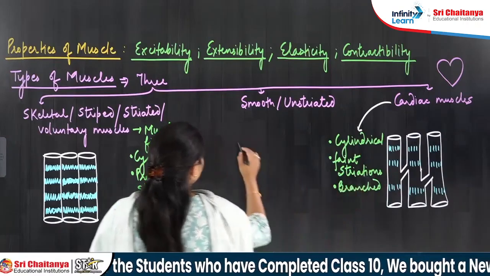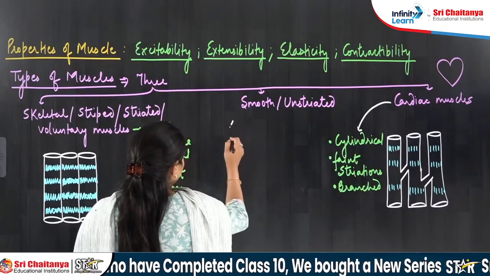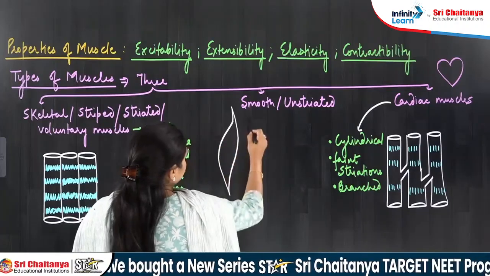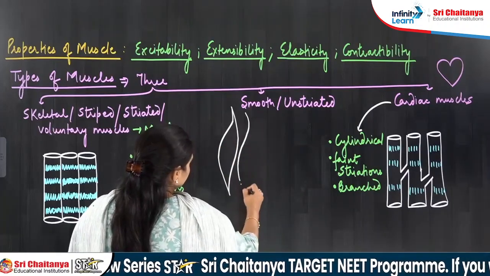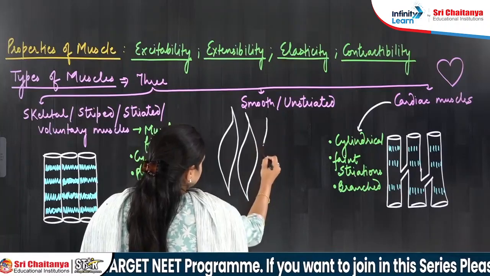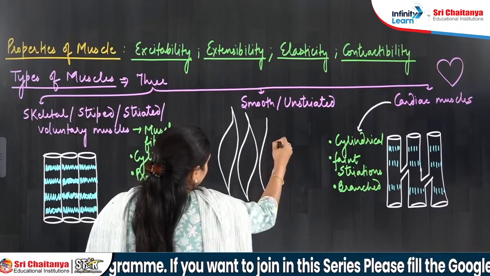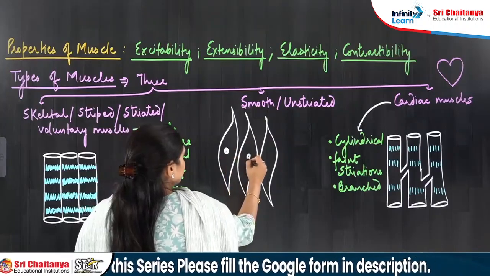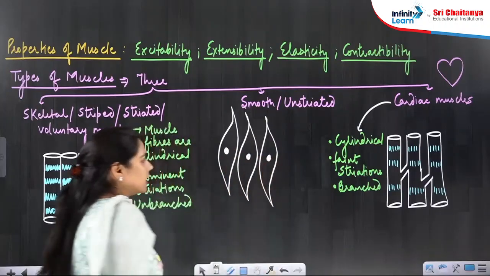The smooth muscle fiber is having a different shape, that is this shape, beta. Spindle shape, like this. The ends are pointed. Tapering ends, and this is the nucleus. They are uninucleated, right?